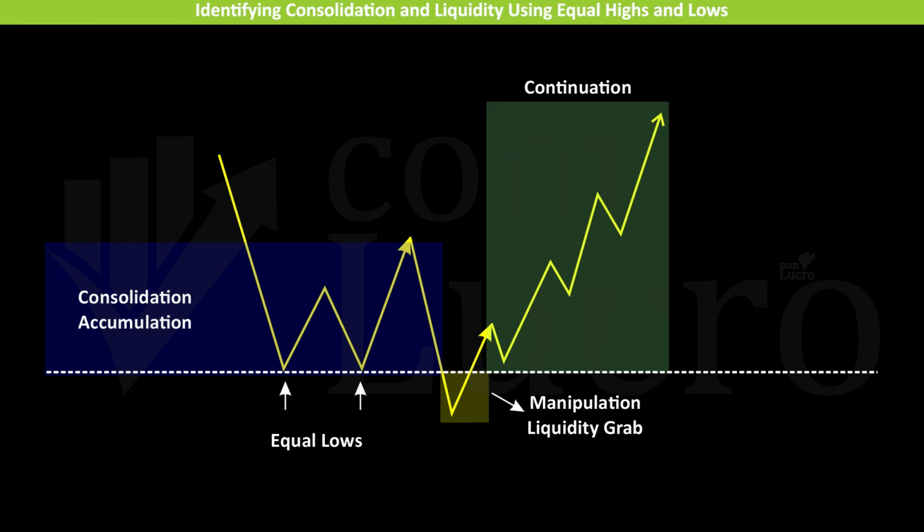Using this same logic, we identify the phases as consolidation, manipulation, and continuation. The goal is to participate in the main part of the move, which typically unfolds after the manipulation is confirmed. And if the initial entry is missed, there are often additional pullbacks that allow for entries at more favorable prices, still aligned with the same continuation.